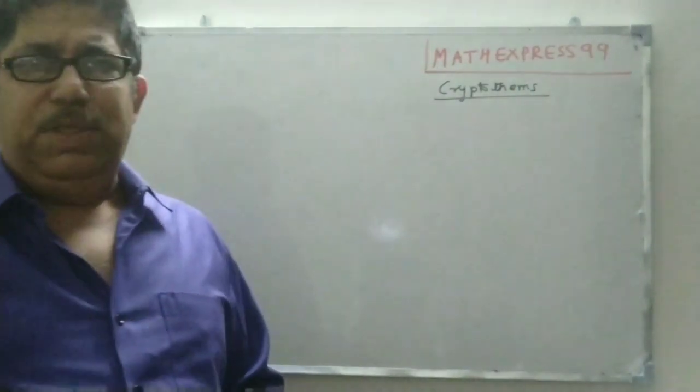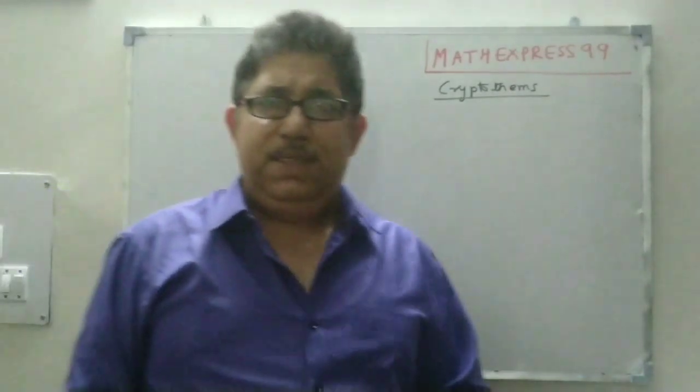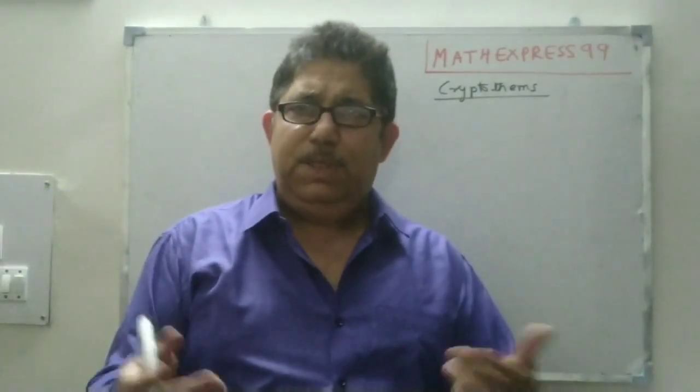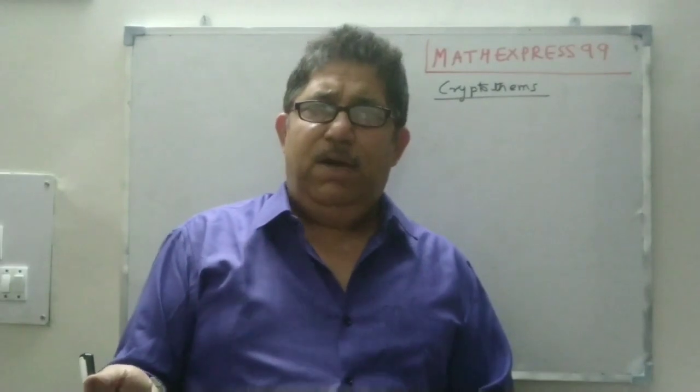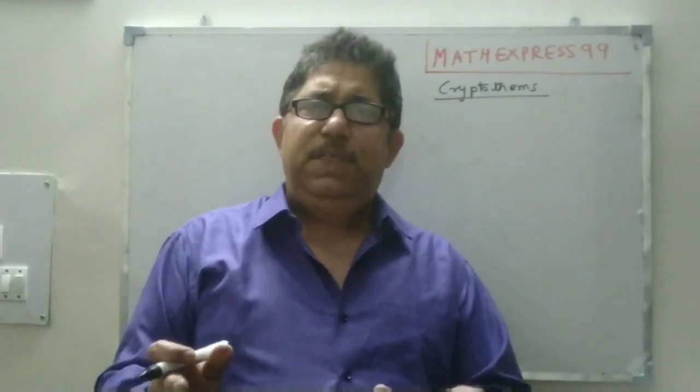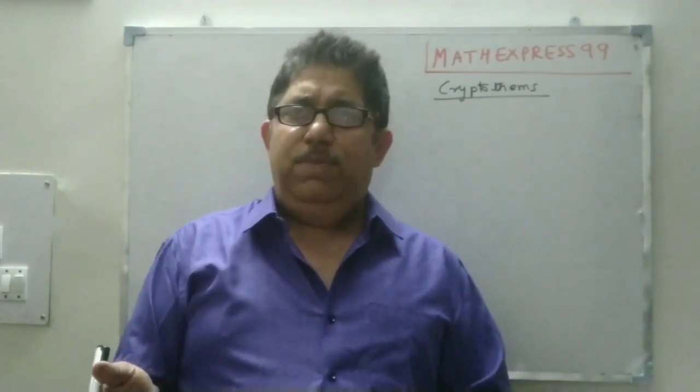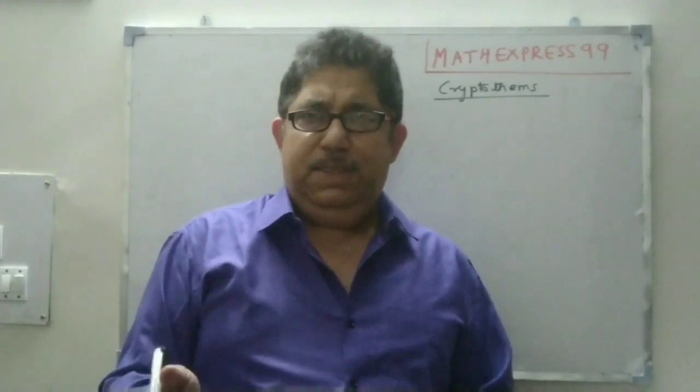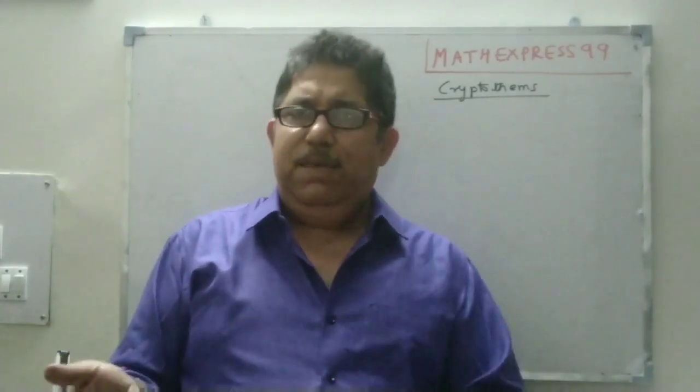A cryptarithm is a sum of addition, subtraction, multiplication or division written with some digits missing, and your job is to find out that missing digit. So it acts like a puzzle or a game, whatever way you call it.